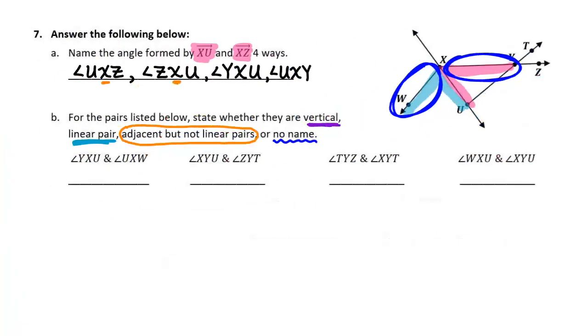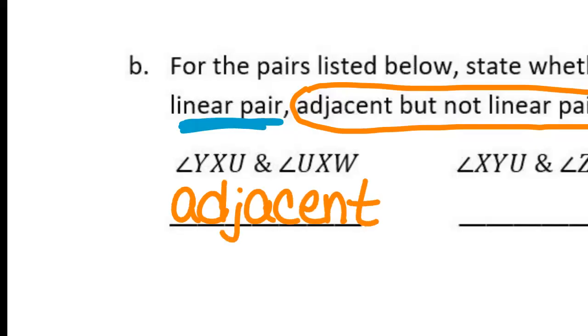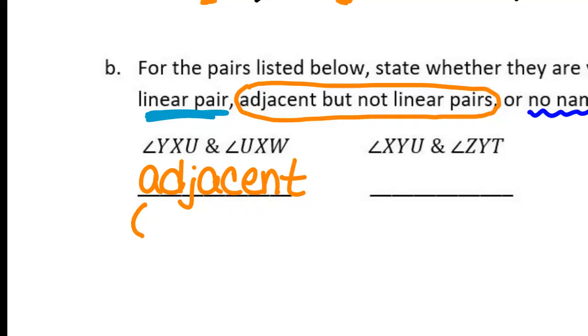No. So what kind of angle pair would this be then? Adjacent. So for linear pairs, the non-common or non-shared sides have to form a straight line. This is adjacent, but not a linear pair.